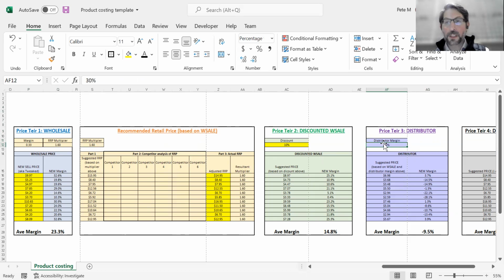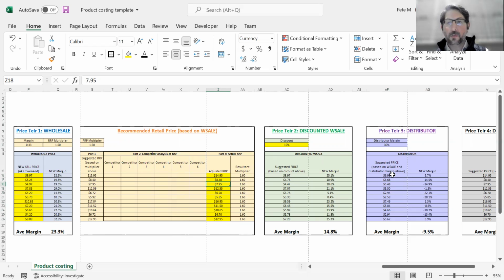So what we've done here is, how much does the distributor want to make in terms of their margin? And we've got to factor that in, because we need to sell it to a distributor. They then sell it to Coles and Woolworths at, remember, that wholesale price, and then Coles and Woolworths sell it to Joe Blow at that price over there.